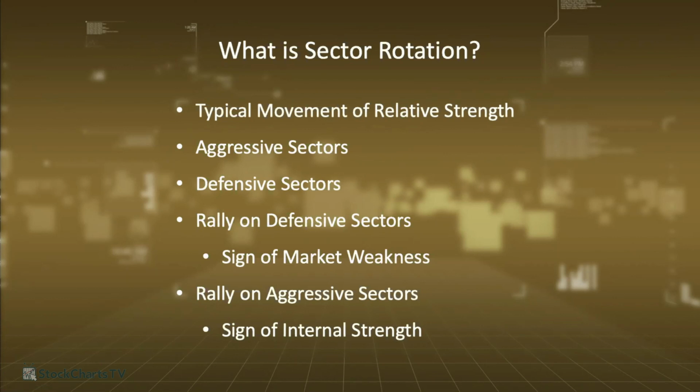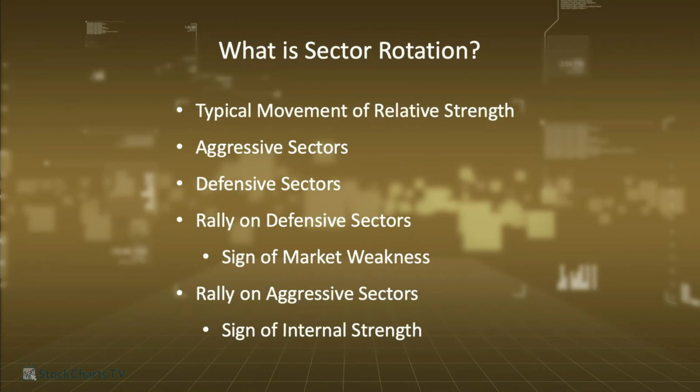But we'll go through and look at which ones are the aggressive sectors and defensive sectors, because depending on which one is doing better than the others relative to the market, that really gives you an idea of where the market probably is headed.